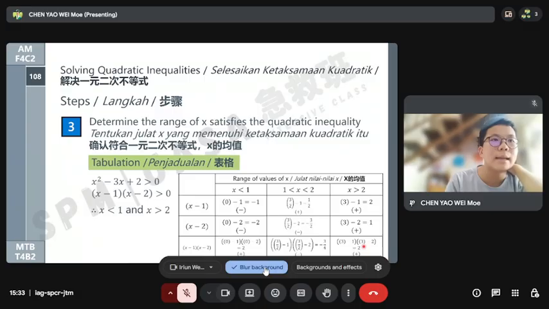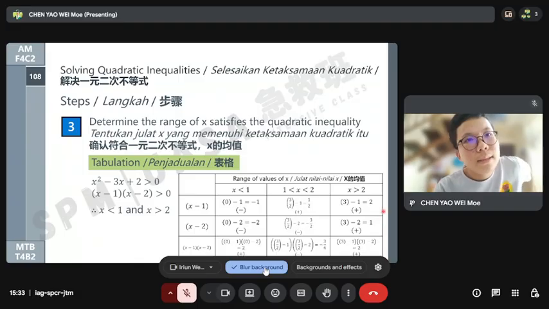So I can say that this is proven because all the numbers here will become positive. Here, when it's positive, negative, negative, negative, negative, positive. So the inequalities is proven.